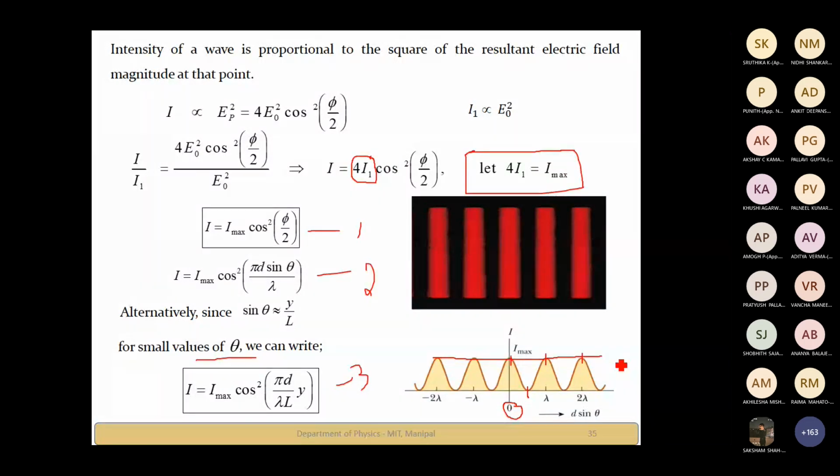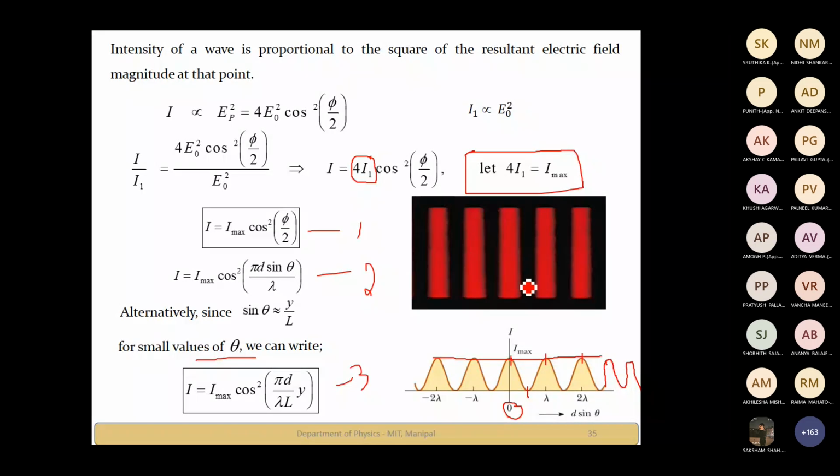So in that condition, the fringes which are moving away may be slightly less intense, but for our visual sensation, we will not be able to differentiate between those small changes in the intensity of the fringes.